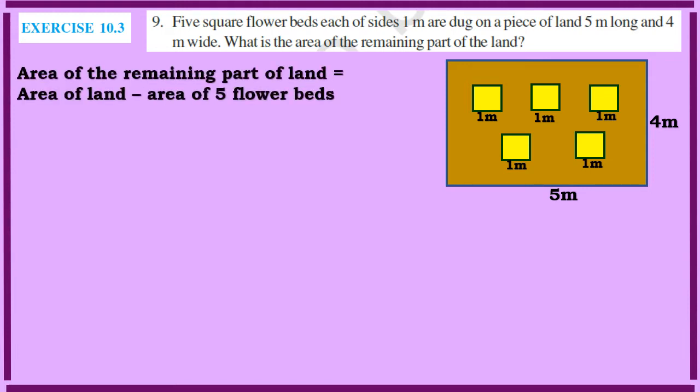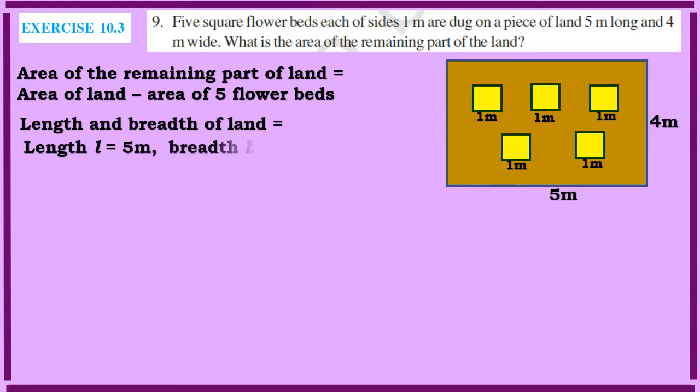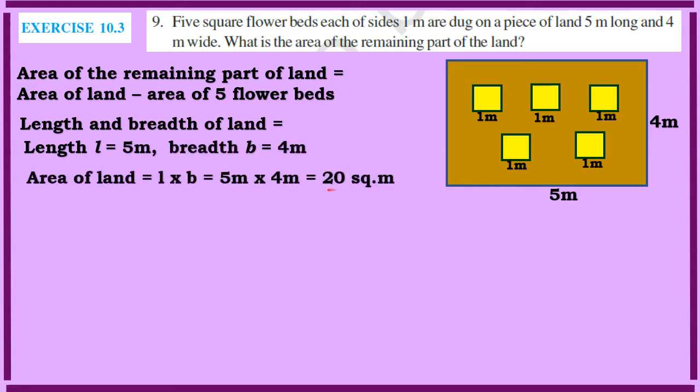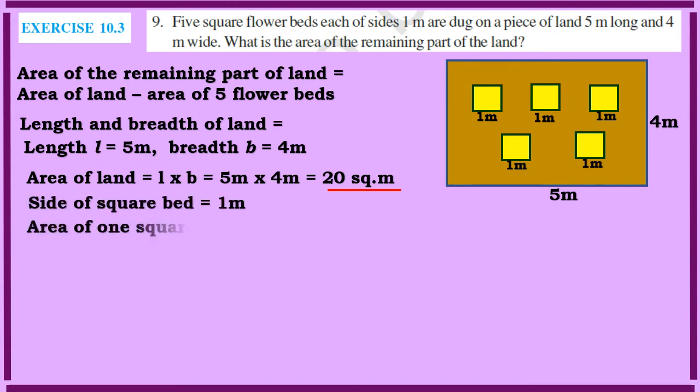Area of the remaining part of the land is equal to area of land minus area of 5 flower beds. Land length and breadth are given, so area L into B is equal to 20 square meter. Now the side of a square bed is 1 meter, so the area of 1 square bed is 1 into 1, 1 square meter.